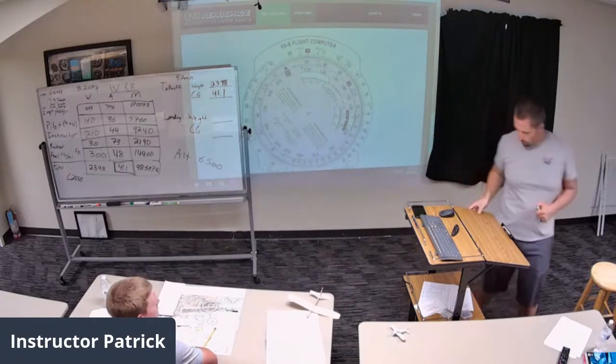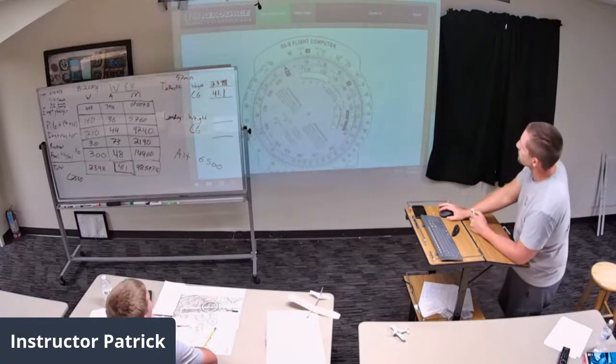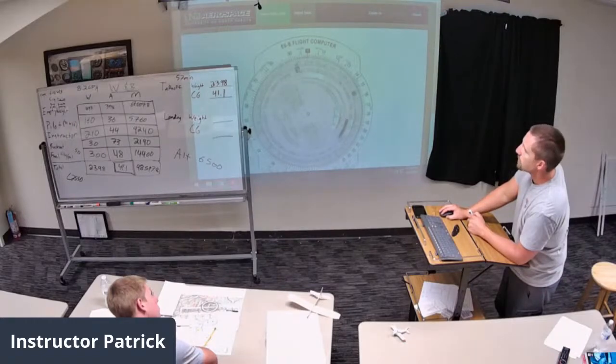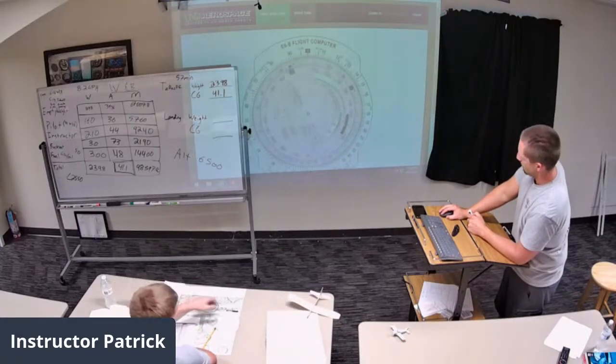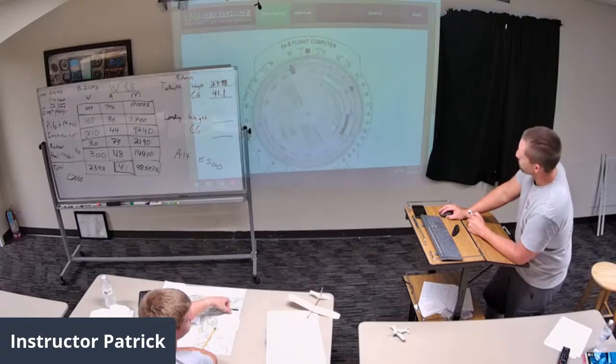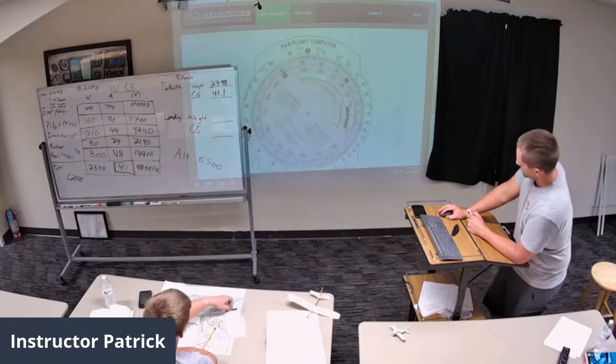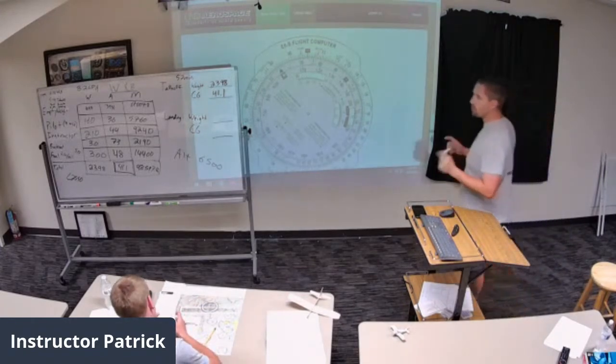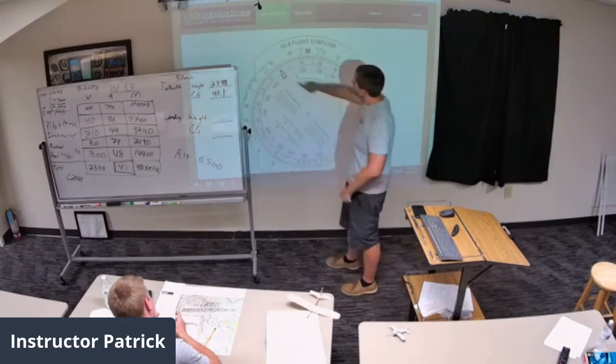Now for fuel burn, we can also use the backside of the E6B. What we're going to do is take this rate, and what was our fuel burn? 8.2, yep. So we're going to find 82, because remember here, we move a decimal place.